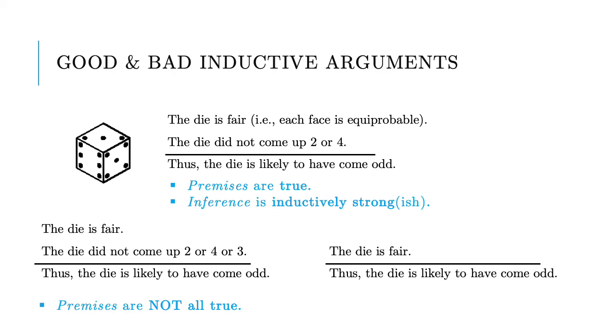The die is fair is not enough to make a strong inference that the die came up odd. Indeed, if that is the only information we have, the best inference that we could make, given that it's a fair die, is something like there's a half chance that the die came up odd and a half chance that the die came up even. So the inference here is not better than chance and is not inductively strong.